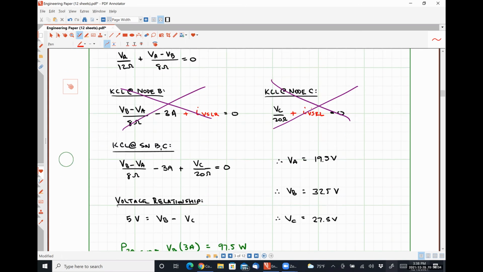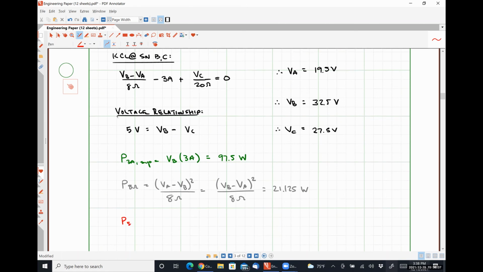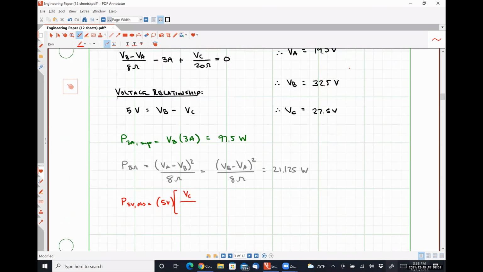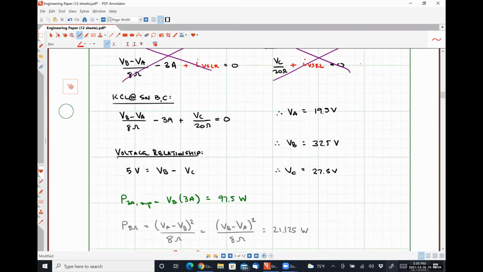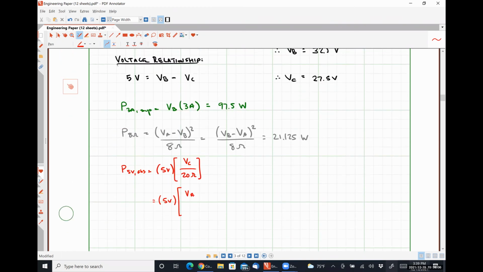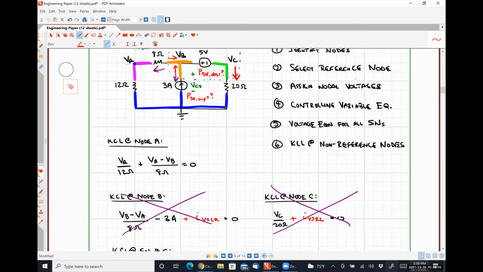So from that, P 5 volt absorbed is going to be our 5 volts from our voltage source multiplied by VC over, what size resistor was that, 20? Yeah. Which will be exactly identical to 5 volts multiplied by VA minus VB over 8, plus that current source, which I believe was 3 amps.